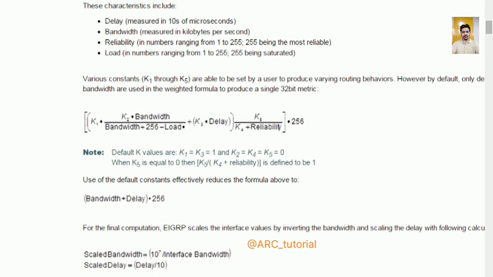This is the actual formula used by EIGRP for its metric calculation, because in it you can see that we are also using weight values, metric weights, because in EIGRP we have metric weights, which are also known as K values, K1, K2, K3, K4, K5. Even in wide metric in named mode we have started to use K6.